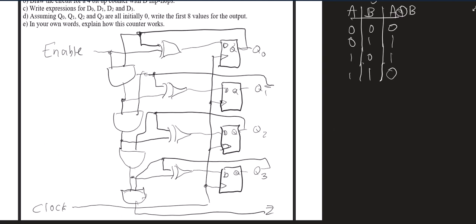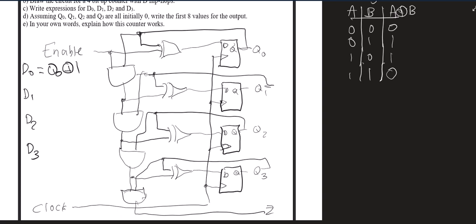Sure. Okay. But then the next thing I want to do is to write expressions for D0, D1, D2, and D3. So these are the expressions for what's going in to these D flip-flops. And so if we look at what's going in to this D flip-flop, it's Q0 exclusive OR 1. We're assuming the enable is 1.